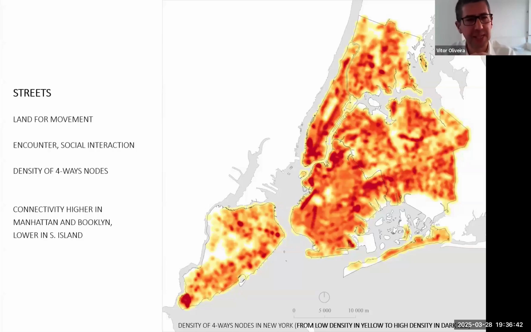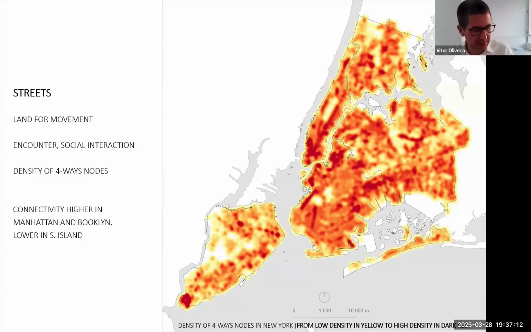Land for movement is essentially streets, squares, all the system of public space. Let me call it streets to make it simpler. Streets allow us to move in cities. They allow us for encounter and for a first level of social interaction that can then be developed or not.